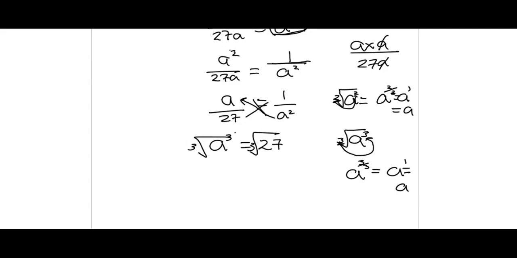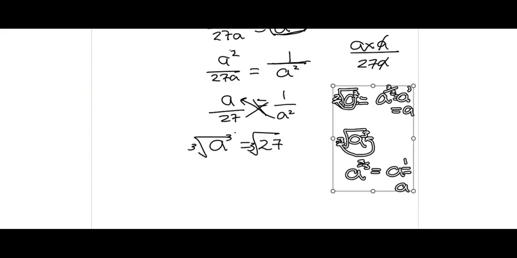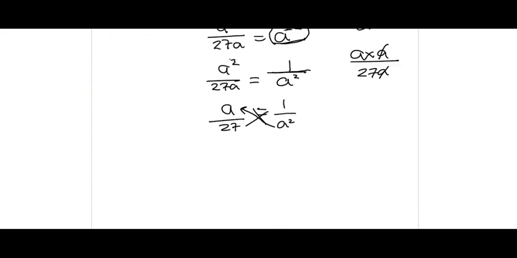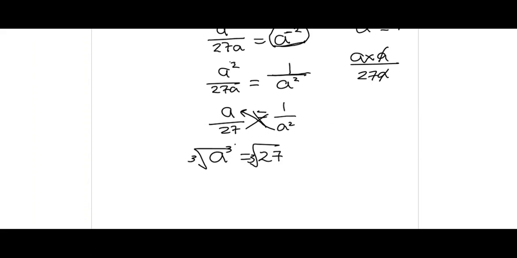And in other cases, when we have something like this, a square, we know that square here is 2, and the exponent of a is 1 here, a raised to the power of 1 is a.